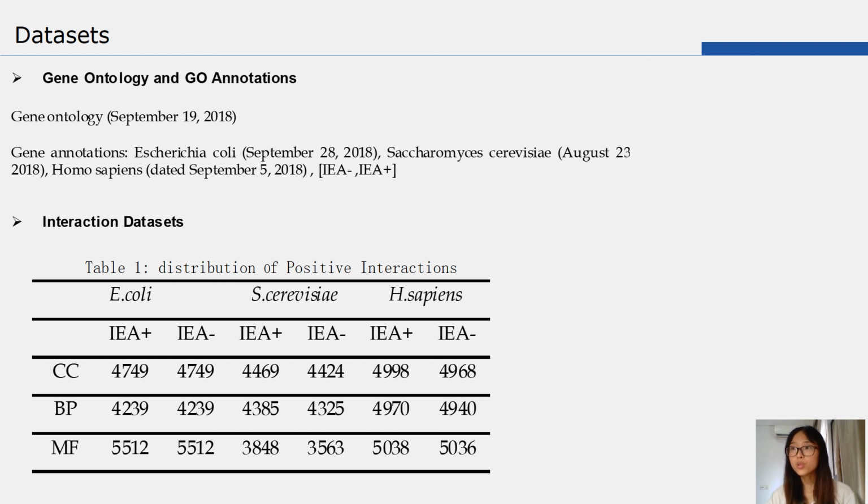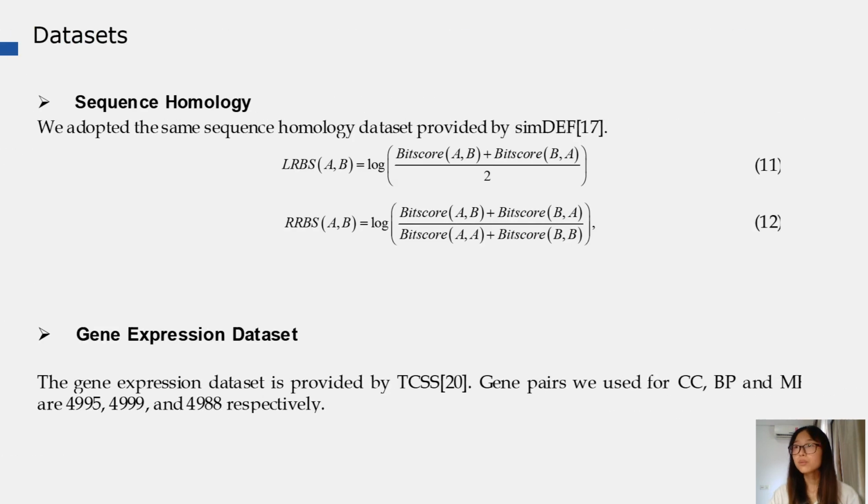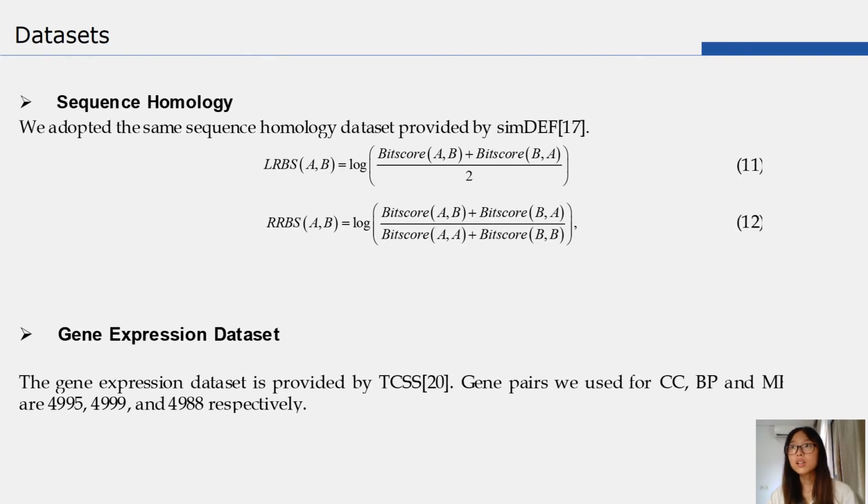The distribution of the PPI interactions of these 3 datasets are shown in Table 1. We adopted the same sequence homology dataset provided by SAMDEF, and we adopted the gene expression dataset provided by CCSS.